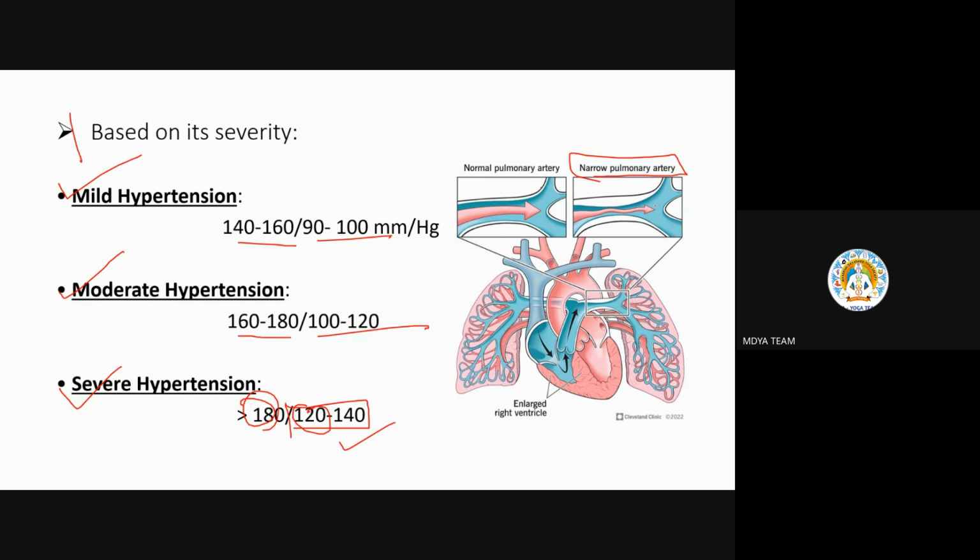This is millimeter of mercury, which is the unit for blood pressure. So 90 to 100 millimeter of mercury. Okay, understand? Yes, ma'am.